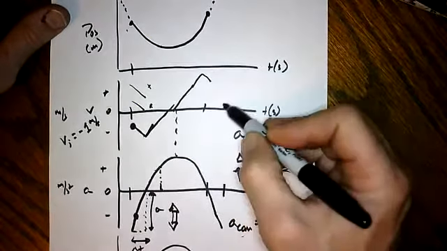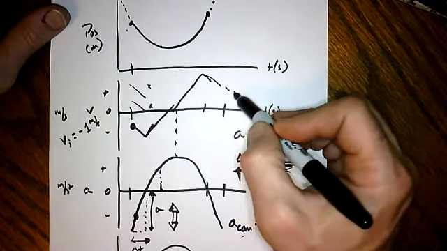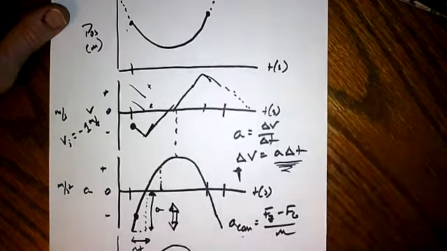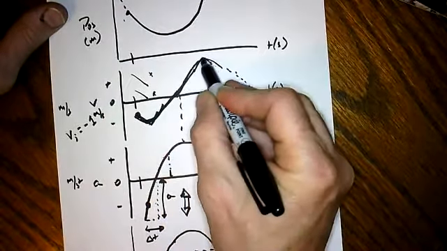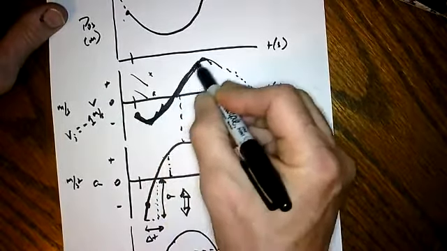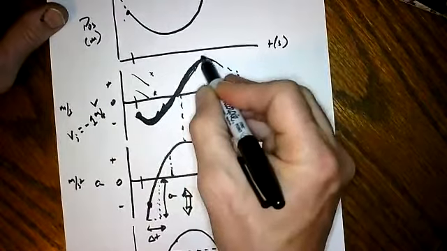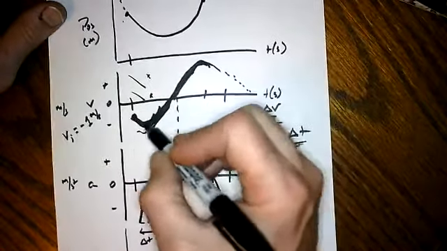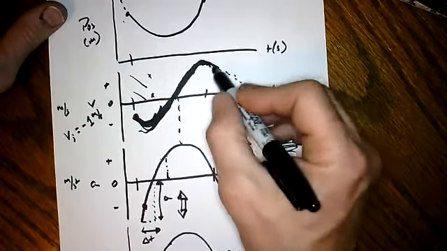And then I'm off into the air. I'm exaggerating. I can put a little curvature into this. It's not straight lines. If it was straight lines, acceleration would be constant. But it's just a sketch.